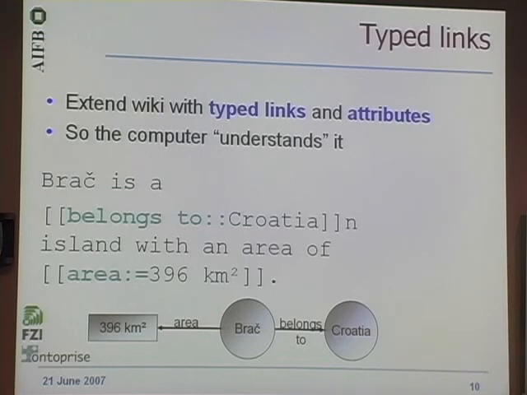So we precisely define the type of link between Brač on the one hand and Croatia on the other hand. So we know that now we have defined a belongs to relationship between Brač and Croatia. But the user is free what kind of name he wants to use for that relationship.